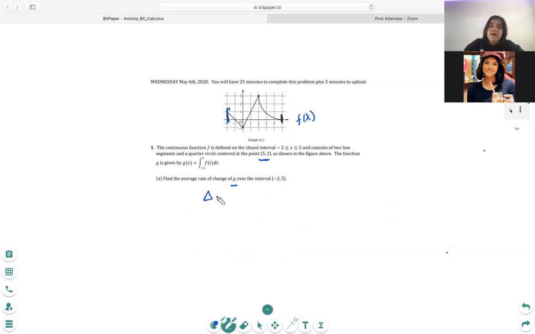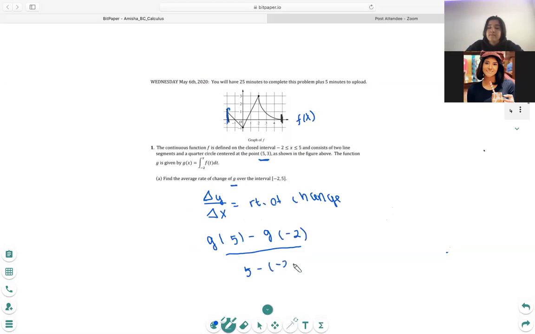So we can say delta y over delta x is equal to rate of change. So in our case here, we have to think about g of 5 minus g of -2 divided by 5 minus -2, right?